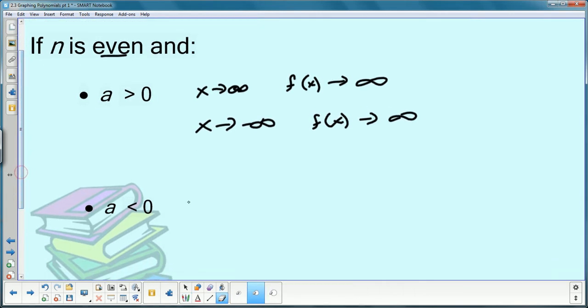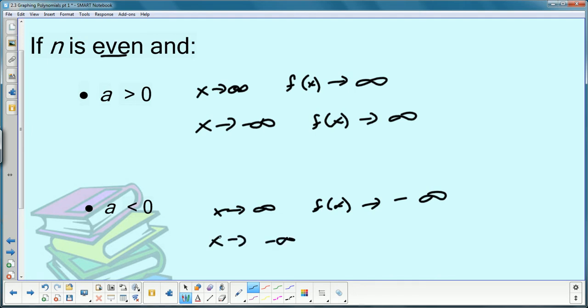When we change that, everything switches. As x goes to infinity, f of x is now going to negative infinity. And likewise, as x goes to negative infinity, f of x is still going to negative infinity. There we go. So that's our leading coefficient test.